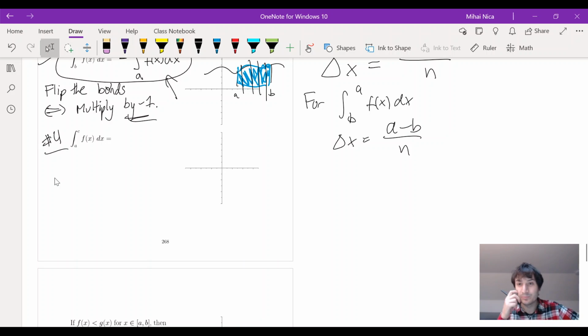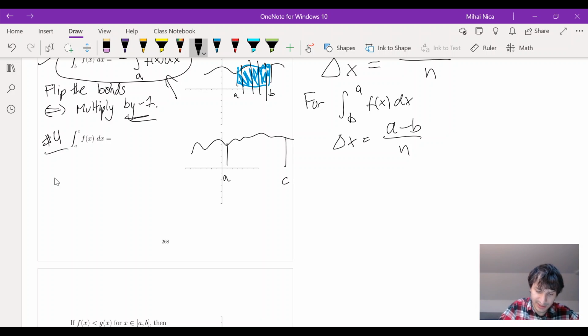Okay, what about number 4? Property number 4. And this one, we're doing the integral not from a to b, but from a to c. So here is some funny function, and we're doing the integral from a to c. And what we want to do is write it in terms of an integral involving some intermediate point, b. That's x equals b. The integral from a to c is this whole area here, everything in here.